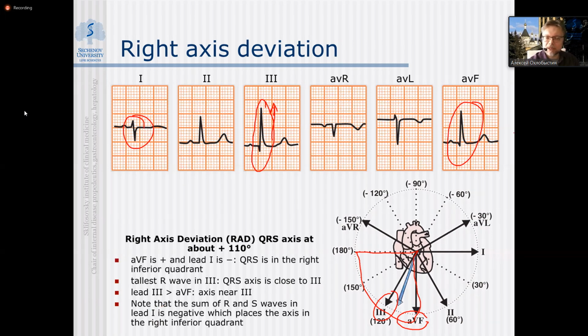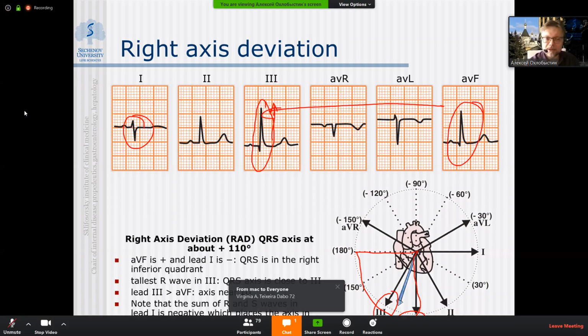Another point is, again, it may be close to AVF, but it's high in third, so definitely it's closer to third than to AVF. If it were in between, there should be equal positive deflections in third and in AVF. It's high in the third, that's why it's close to the third lead, not to AVF.